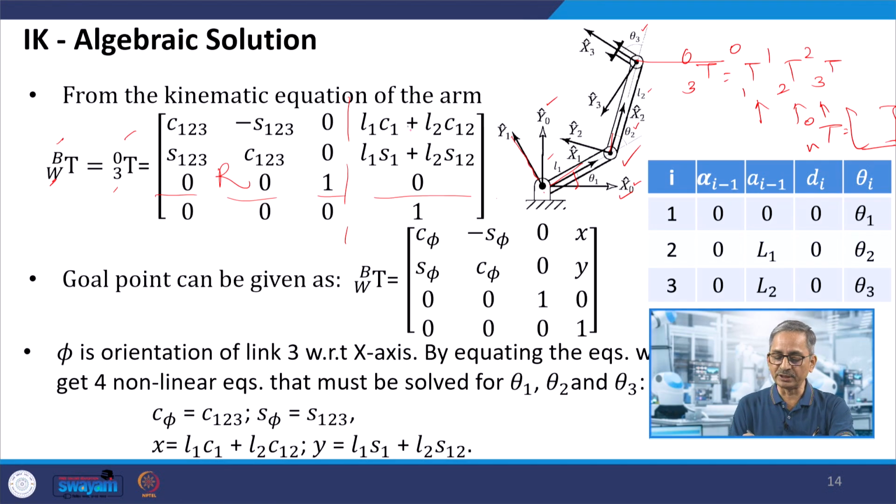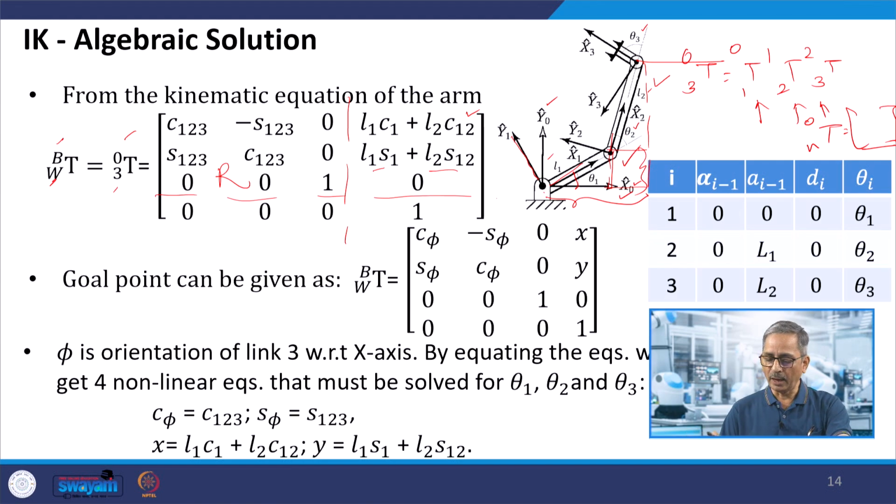And these positions are going to be L1 cos theta 1, which is this length, then L2 cos theta 1 plus theta 2, which is this length. Similarly, this length is L2 sin theta 1 plus theta 2, and this term is L1 sin theta 1. Okay. So, this way we can get that using trigonometry also, and using the transformation matrix also.